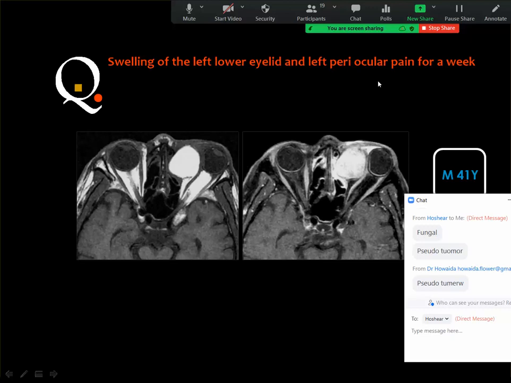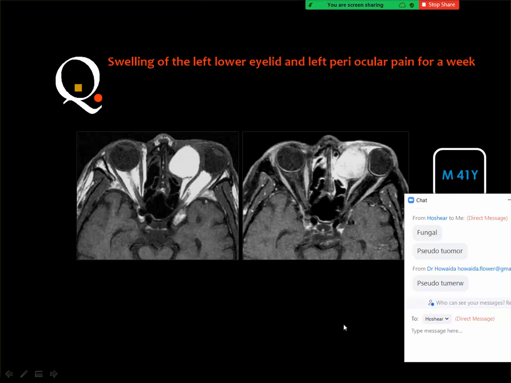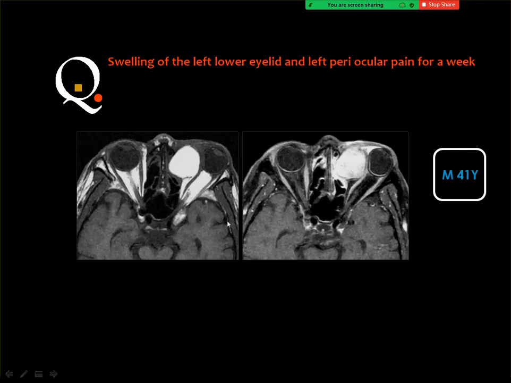Yes, this is not a pseudotumor. This is a mass, or what looks like a cystic lesion in the region of the ethmoidal air cells, and this lesion is of bright signal in the T1 and less bright signal in the T2, meaning that it contains fat.